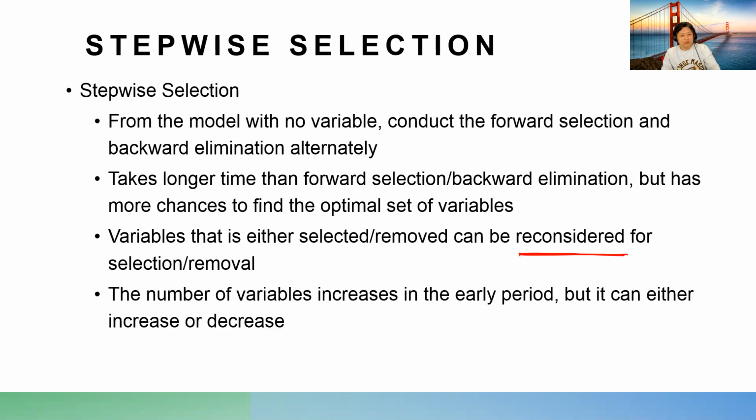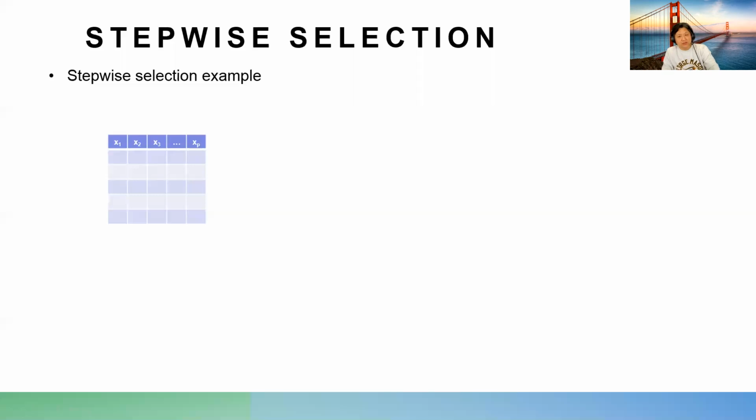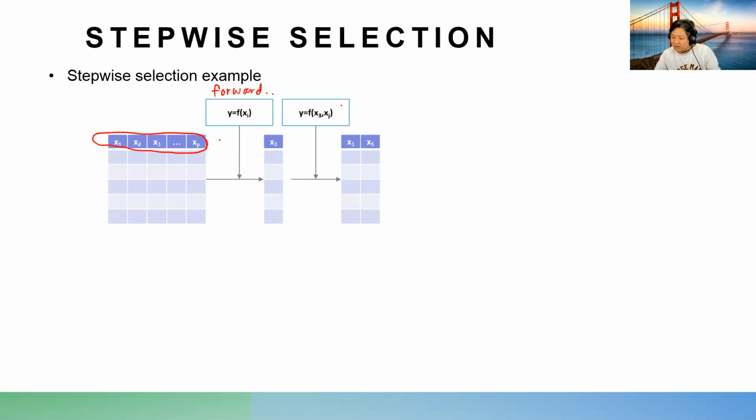So the number of variables increases in the early period, but it can either increase or decrease. So here is an example. So we have p variables, right? And then first we select, this is the forward. And then because we have only one, we need to run another forward, right?